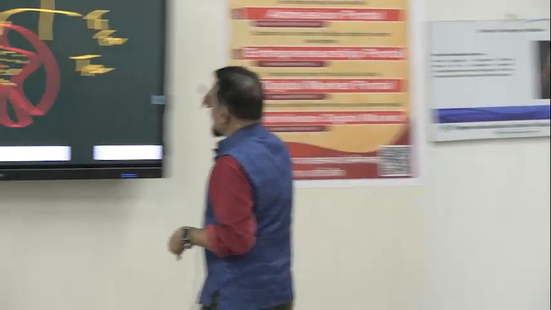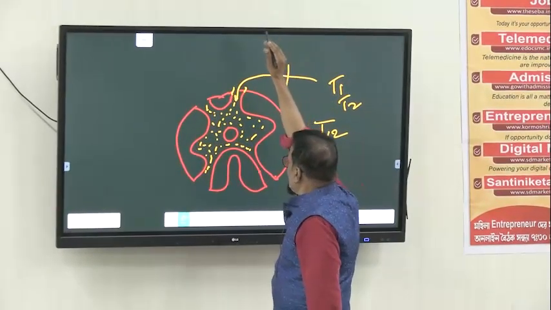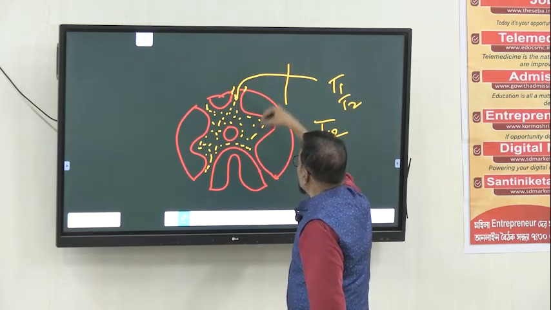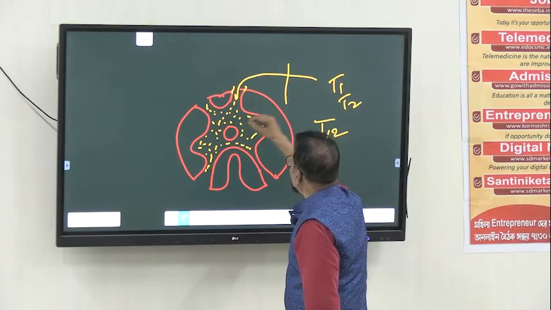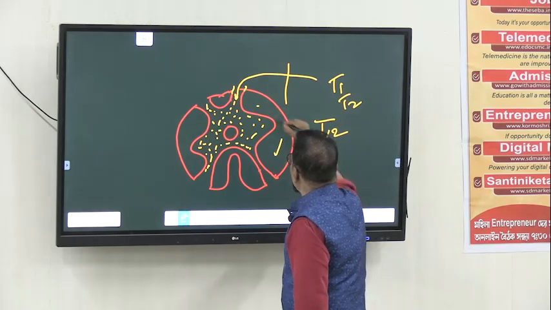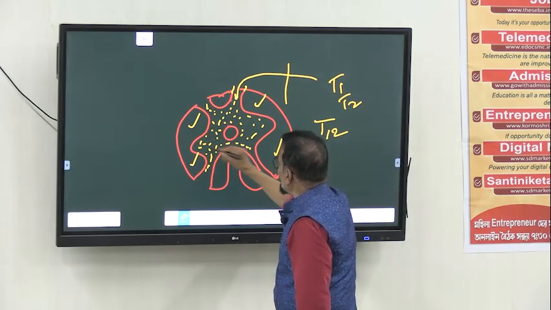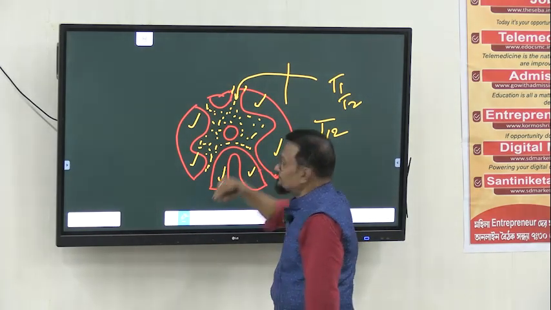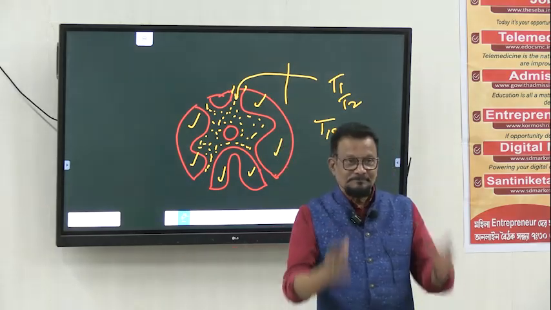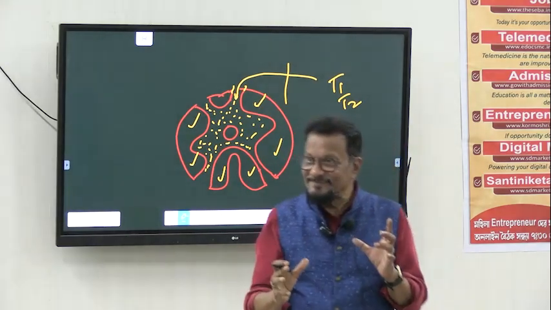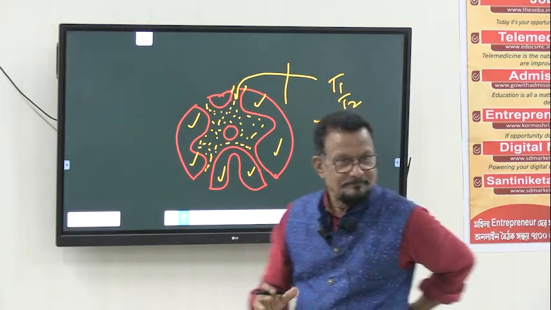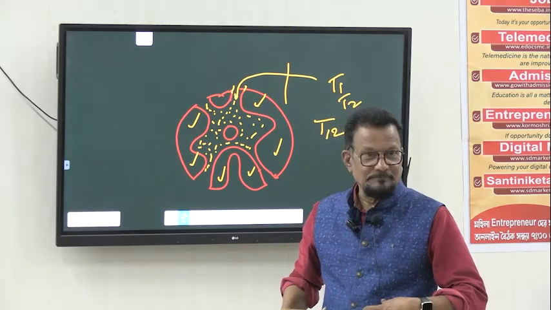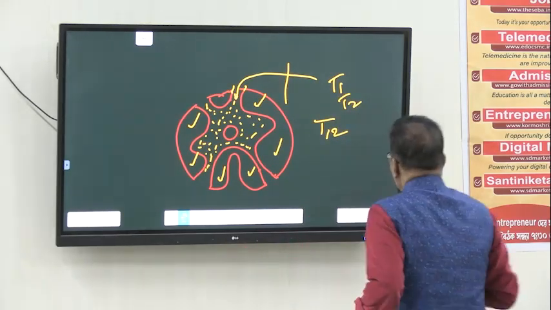So it is coming downward, not by this path, but through this area. These are white matter: dorsal column, anterior column, lateral column.